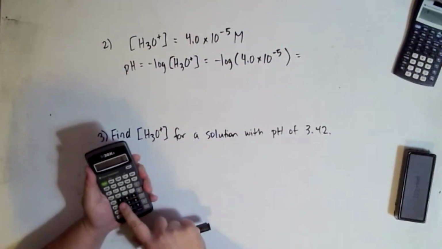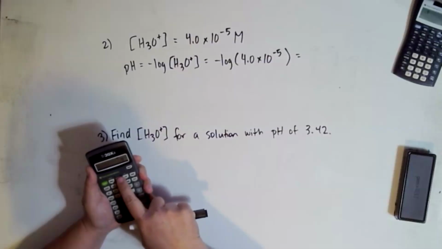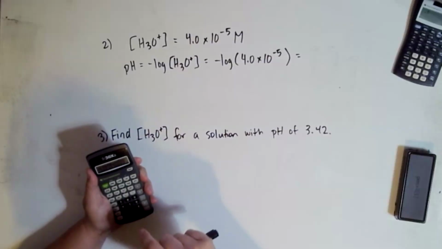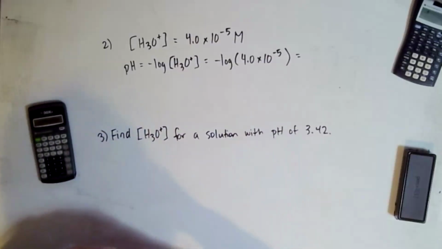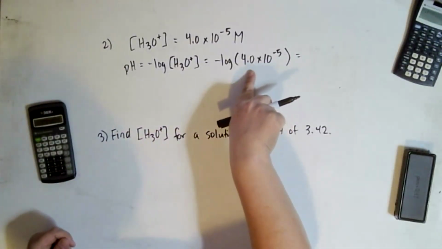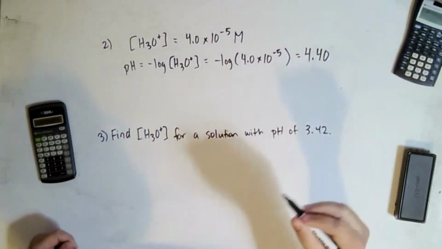So again, for this calculator, 4 times 10 to the negative 5, and then I'm going to hit my log key, and I get negative 4.3979. So I'm going to make that positive. I want to keep two decimal places because I have two significant figures here. So my pH is going to be 4.40.